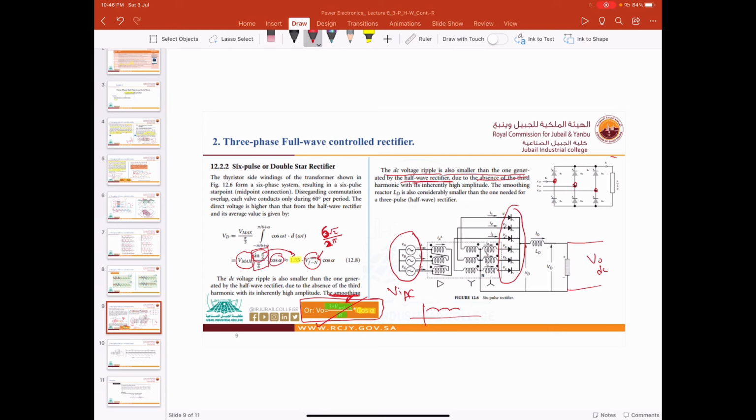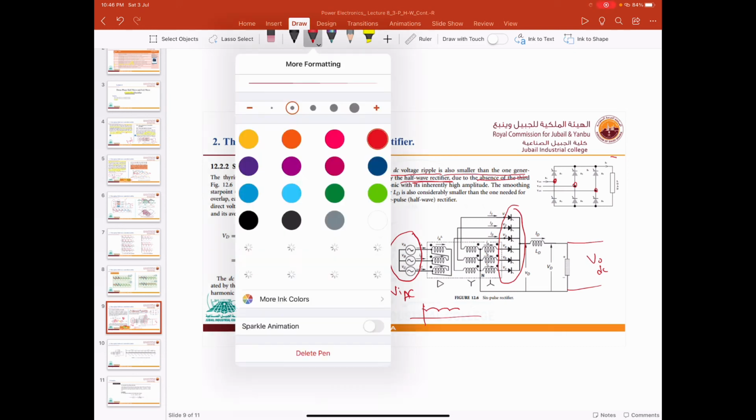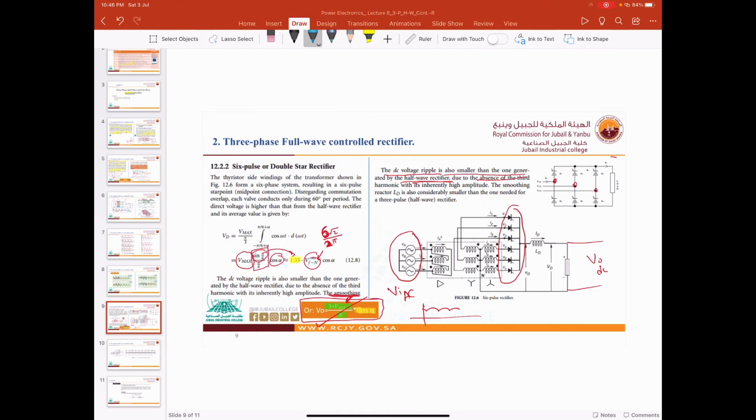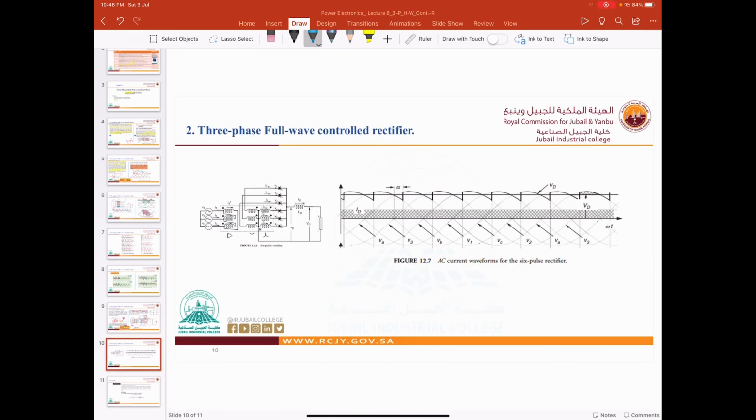Now in our case here, if we have three phase full wave, then we have it like this. Then it will be smoother, guys. Now let us concentrate here.